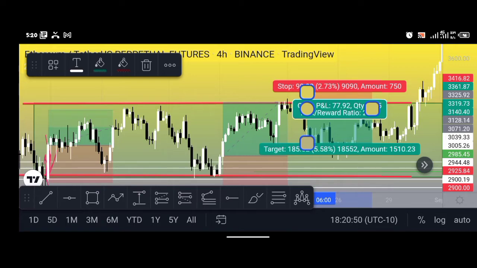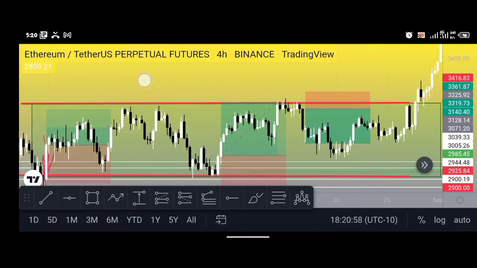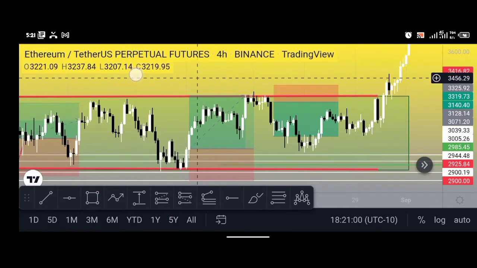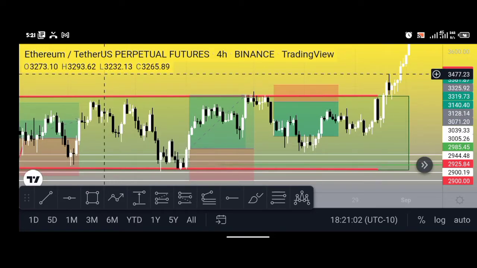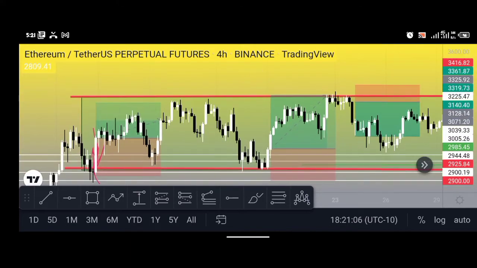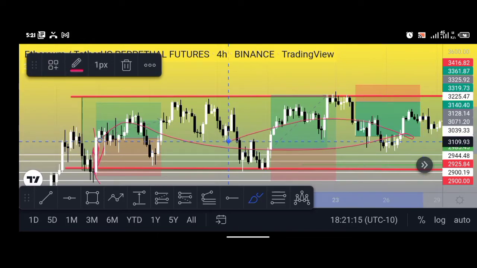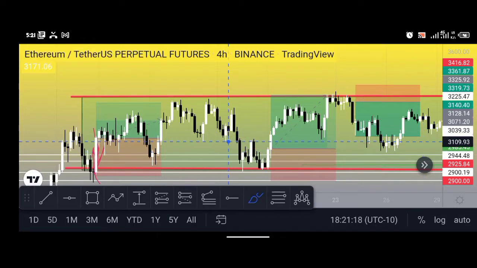So this is how you place a trade in a ranging market. And another way of placing a trade in a ranging market is waiting for the breakout. If you can't place a trade in this zone here, you wait for the breakout of that zone.